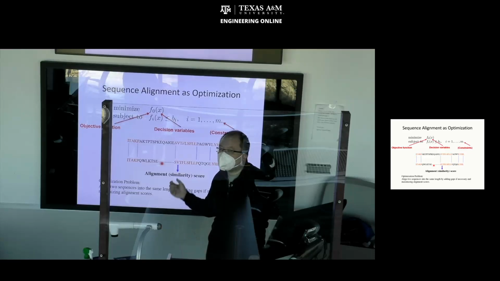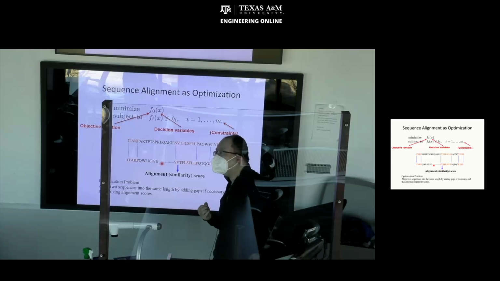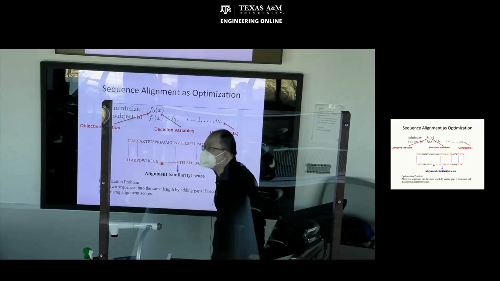What is a decision variable? What? Number of the same. The number of matches. Is that more like the objective function?